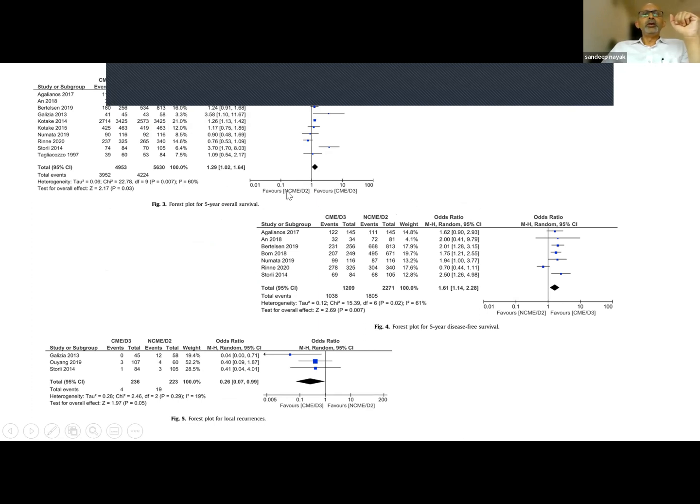That is, complete mesocolic excision with D2 versus complete mesocolic excision with D3 dissection. They found that overall survival, disease-free survival, and local recurrence rates were better when D3 dissection was performed.